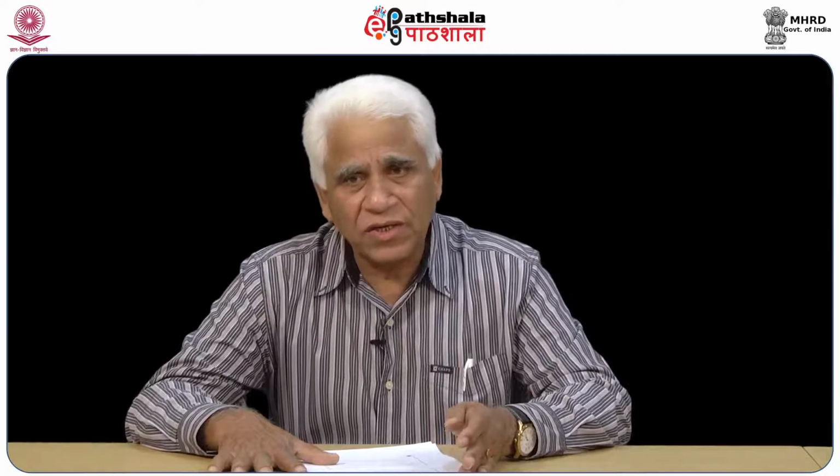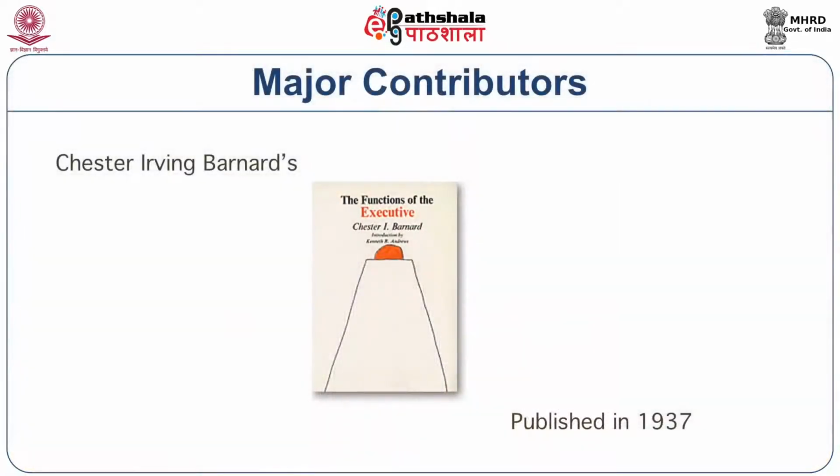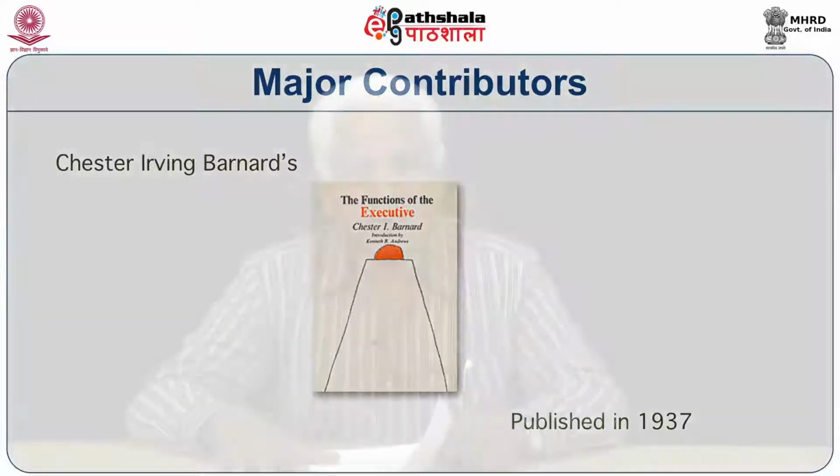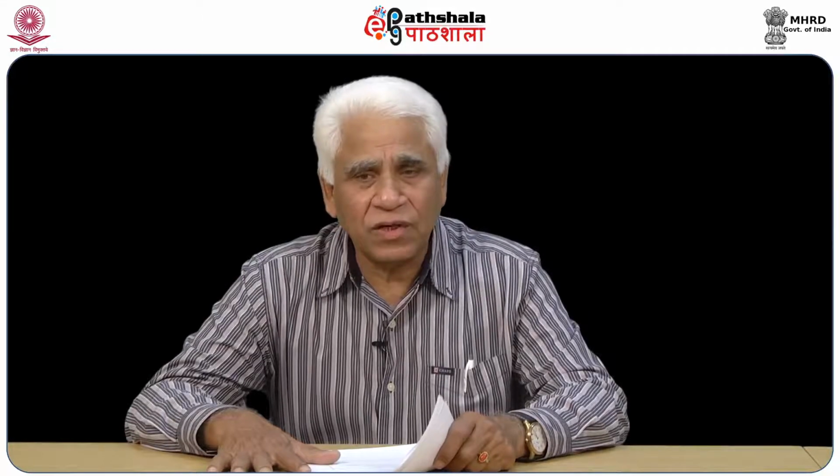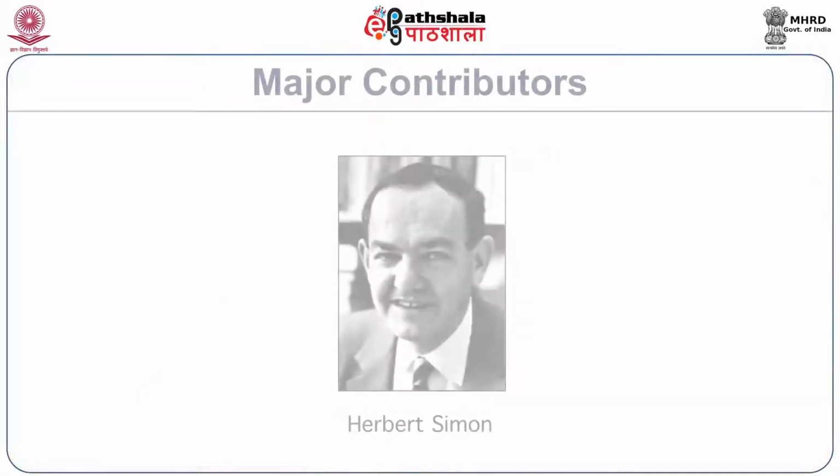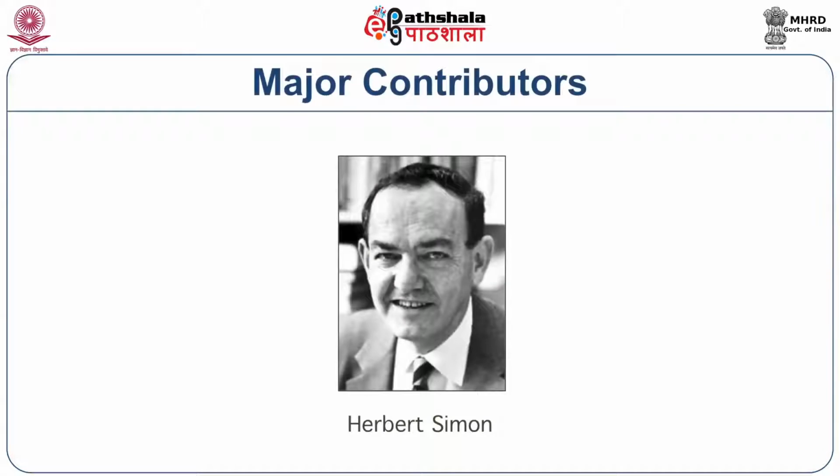The behavioral approach seems to have started with the contributions of the great book called Functions of the Executive by Chester Irving Barnard. This book was published in 1937. The next important and most celebrated contributor to the behavioral approach is Herbert A. Simon.